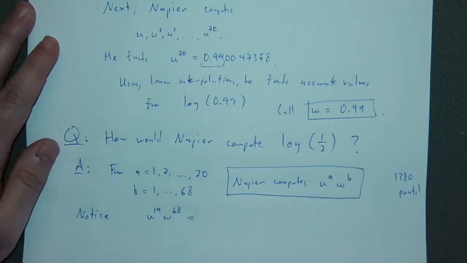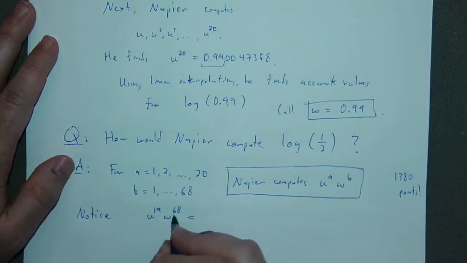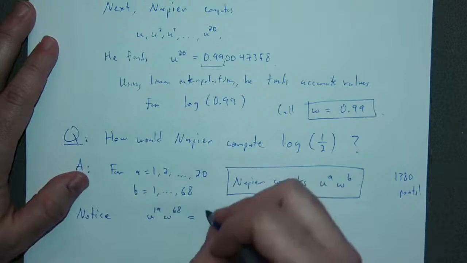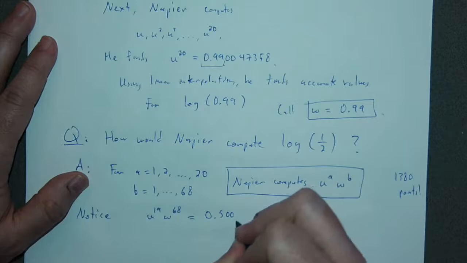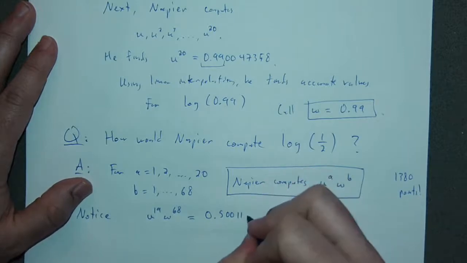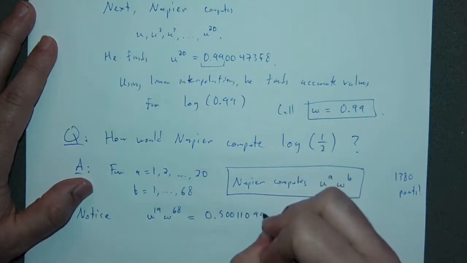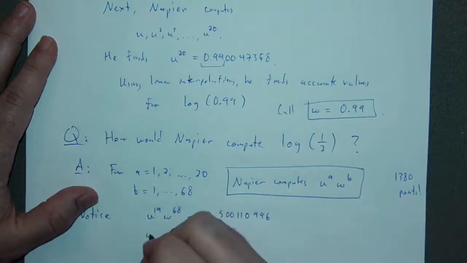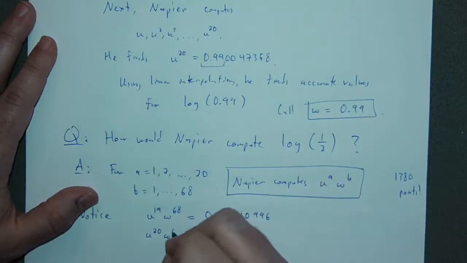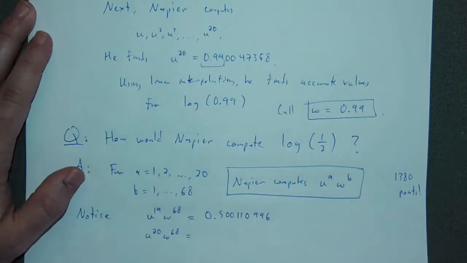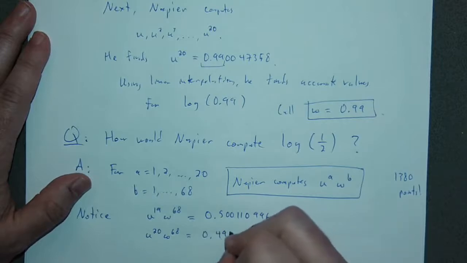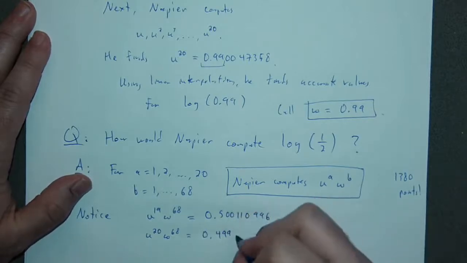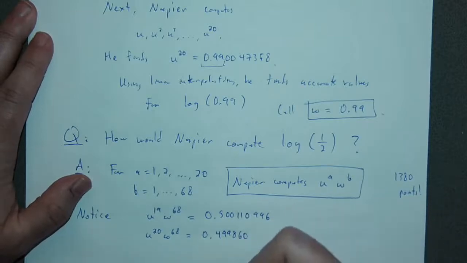Well, you couldn't notice this, but I'm telling you that after Napier did this computation, U to the 19 times W to the 68, which you could check with a computer if you wanted to, is 0.5001100996. And U to the 20 times W to the 68 is equal to 0.499860940.